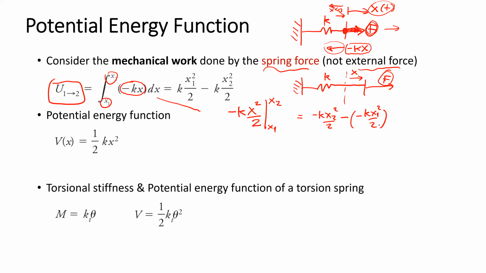And the potential energy function is defined as follows. The mechanical work done by the spring force from the initial to the final position is the difference between the potential energy function at the initial position and at the final position.